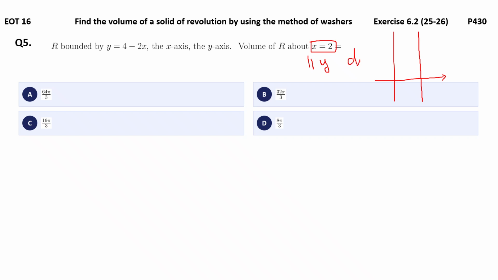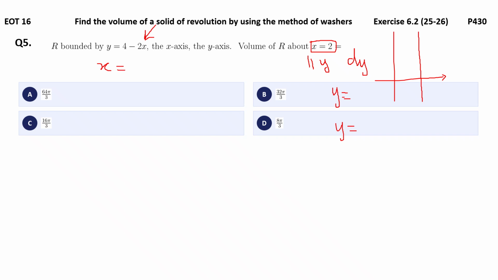So we will focus on dy and we will look for the upper limit and lower limit in terms of y. Let's see, is that function in terms of y? No. So our first duty is to transpose and get the function in terms of y.